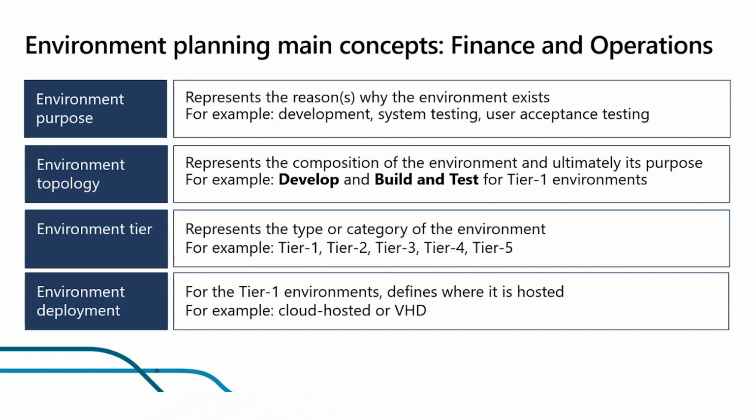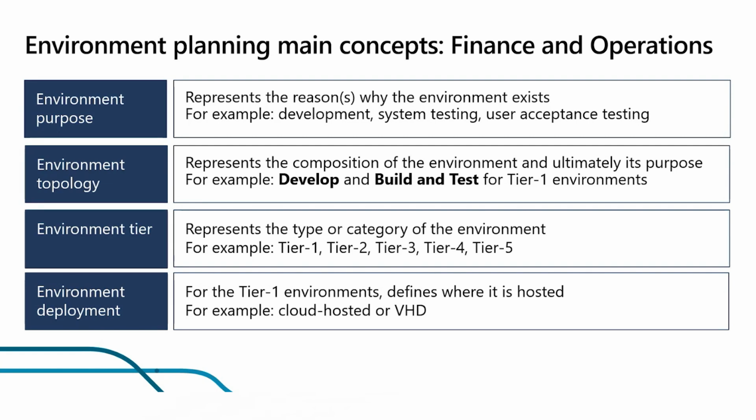Depending upon the reason why you need an environment, you may require different tiers of environments. For example, tier 1 for developing, or tier 1 for unit testing. You may require tier 2 or above for user acceptance testing.